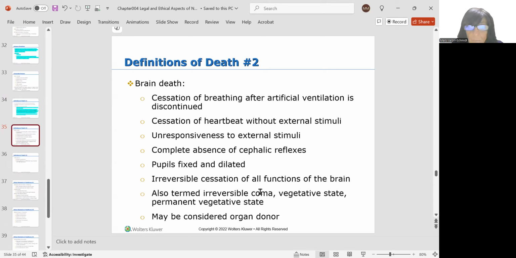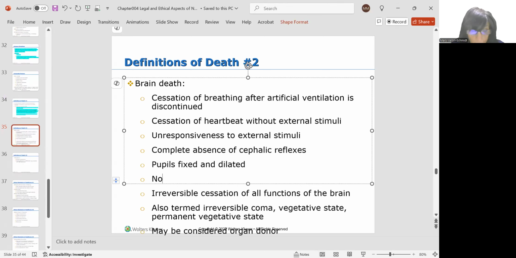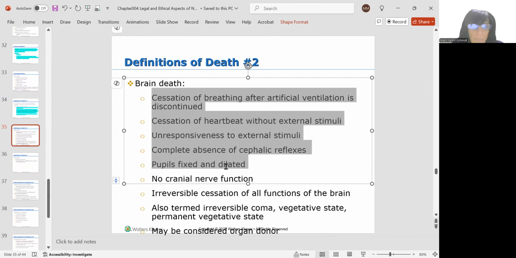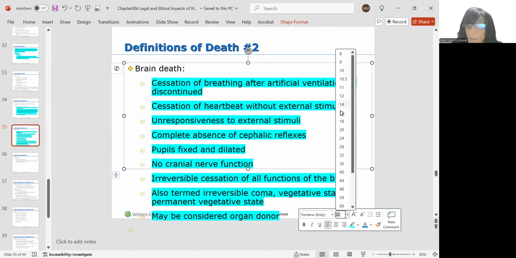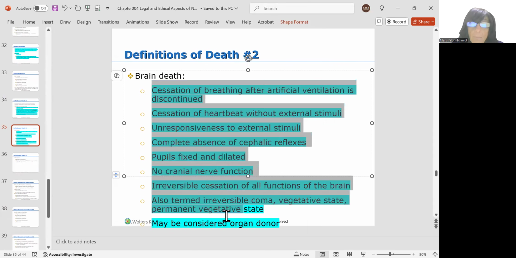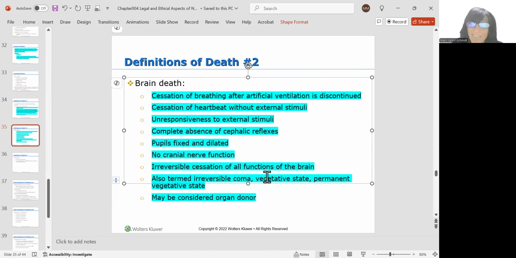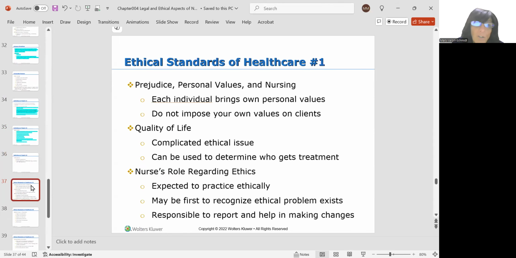I'm going to put in here no cranial nerve function. In other words, when life support is stopped, that's the end. Just so you know, that's the end. Like I said, this would warrant its own conversation, which we can have in class. We're not going to talk about that.